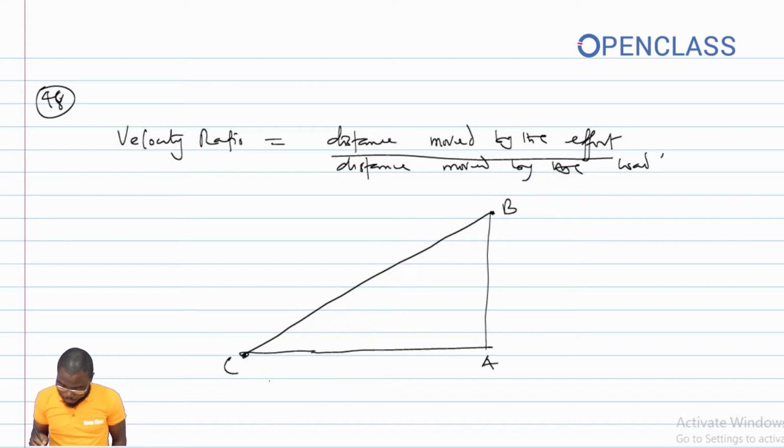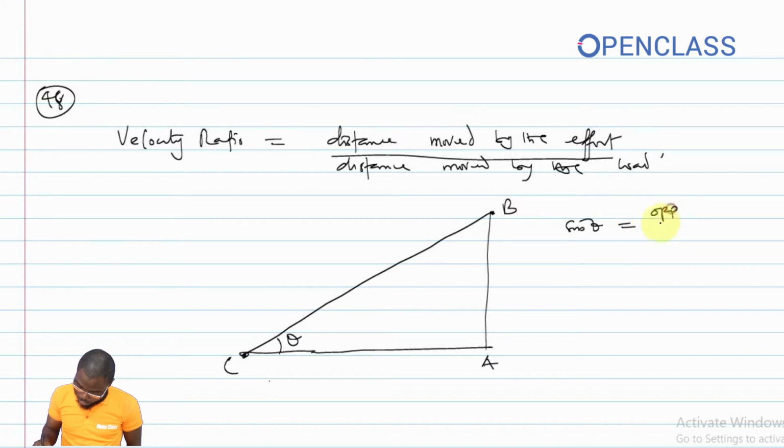Now if this is the angle theta, your sine theta is opposite over hypotenuse, which equals the opposite, AB, all over CB.